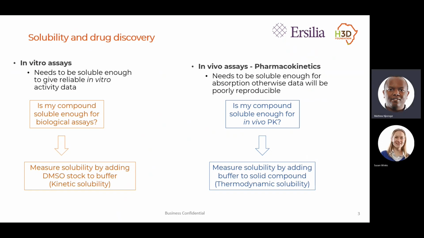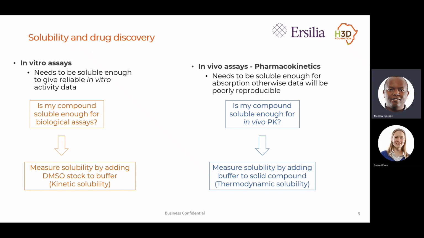For the chemists among us, we also know that if we are measuring the solubility of a solid form in a liquid solution, then the form of that solid starts to play a role. So is my compound amorphous? Is it crystalline? If it's crystalline, what crystalline form is it? Am I sure that every time I synthesize the compound, I'll get the same amorphous form or the same crystalline form?